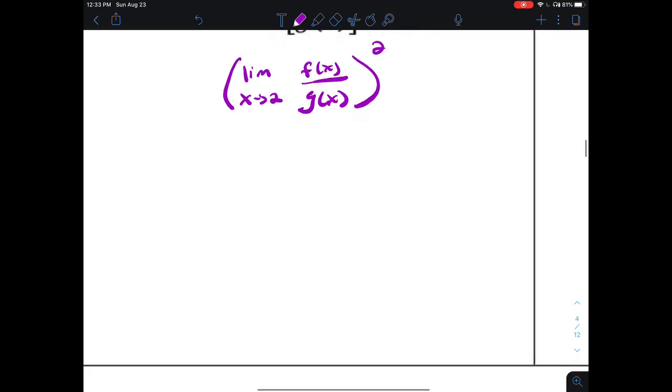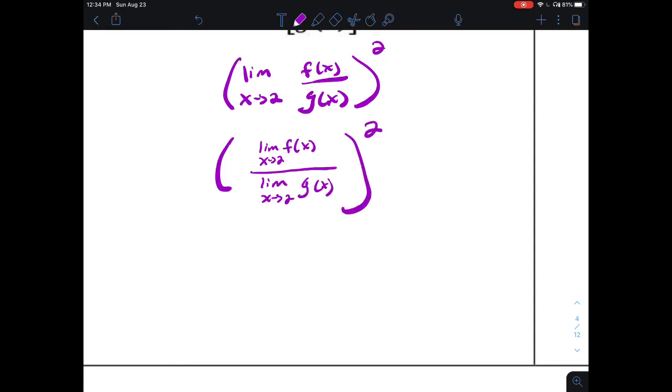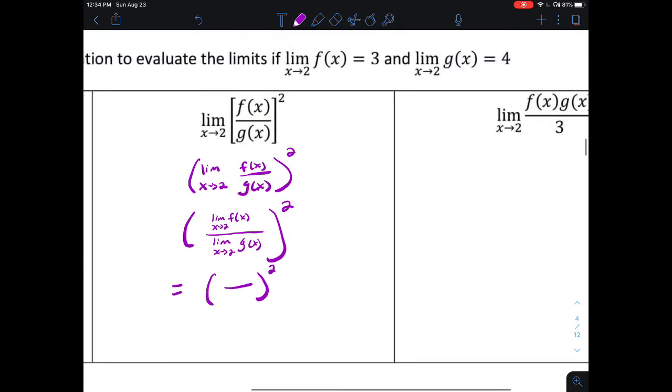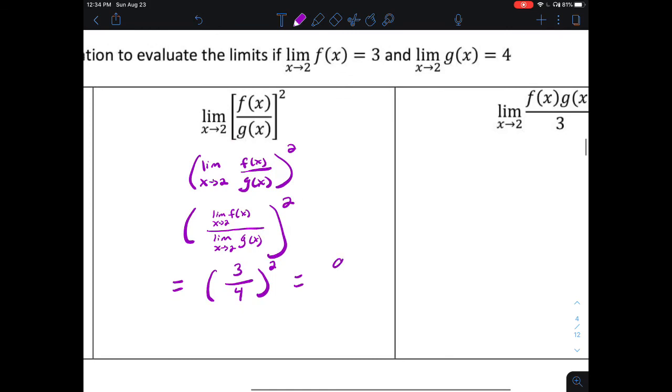And then we can go one step farther and say, if I have the limit of a quotient of two functions, I could find the limit of the numerator and the limit of the denominator separately, provided that the limit of the denominator is not 0. And then now I can substitute in all their values. So the limit as x approaches 2 of f of x is 3, and the limit as x approaches 2 of g of x is 4. I square the numerator and denominator, and it is 9 over 16.